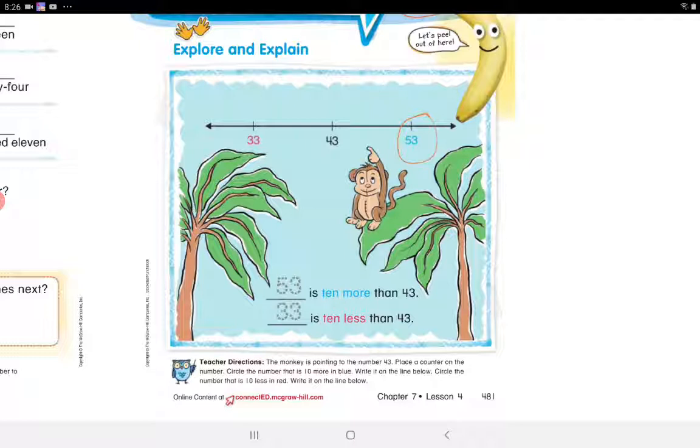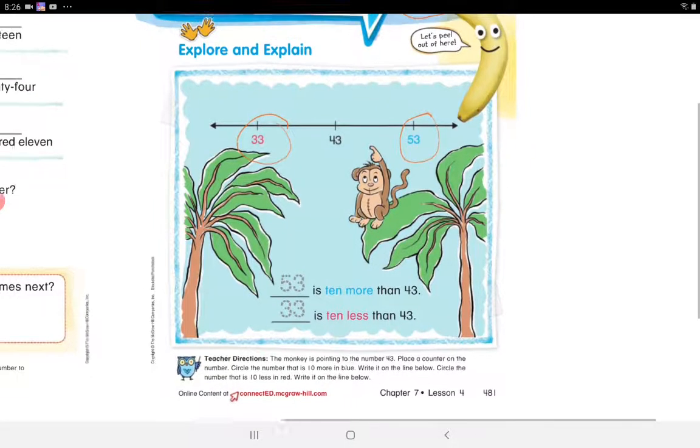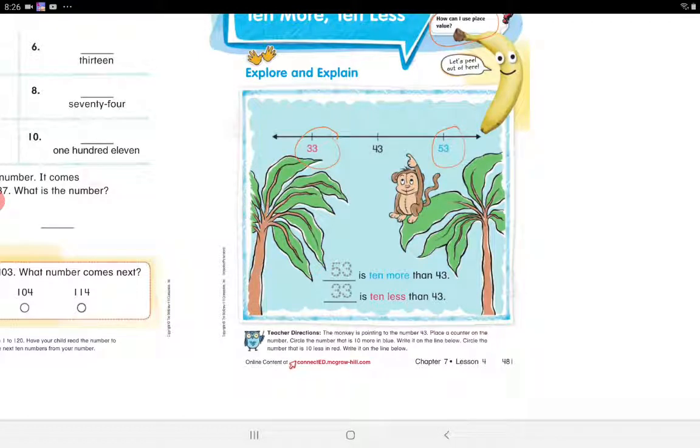So 40 take away 10 is equal to 30. And because my 3 stays the same, 43 take away 10 will give me 33. And then here they have it at the bottom, where 53 is 10 more than 43 and 33 is 10 less than 43.